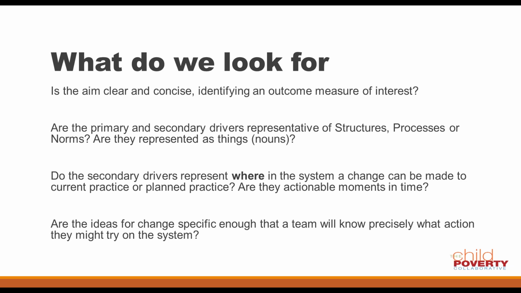I'm also looking for the secondary drivers to represent where in the system a change can be made, the actionable moment in time when you could do something differently. And then, are the ideas for change specific enough that a team will know precisely what action they might try to take on the system? Those are the things I'm going to be looking out for.